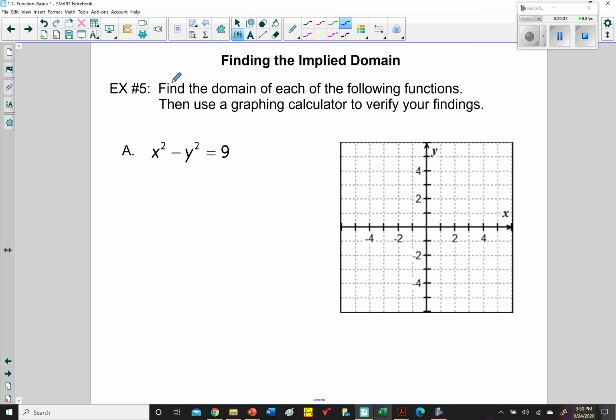On this example, we want to find the domain of each of the following functions and then use a graphing calculator to verify our findings. So in this case, it's not a circle because there's no addition. And if you saw conic sections last year, this one is going to be a relation only.